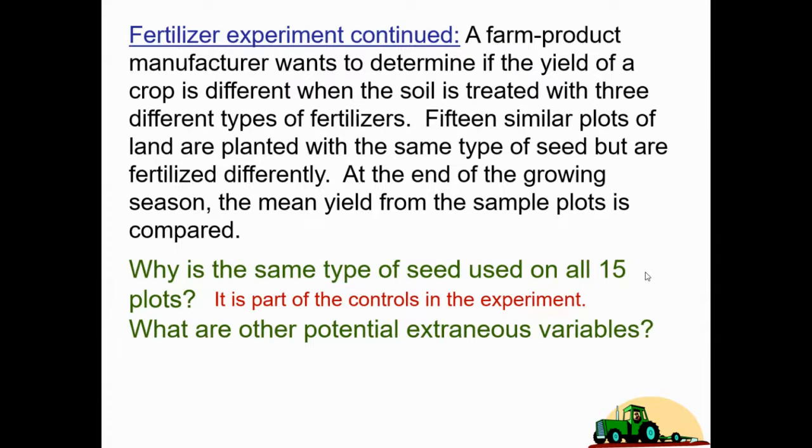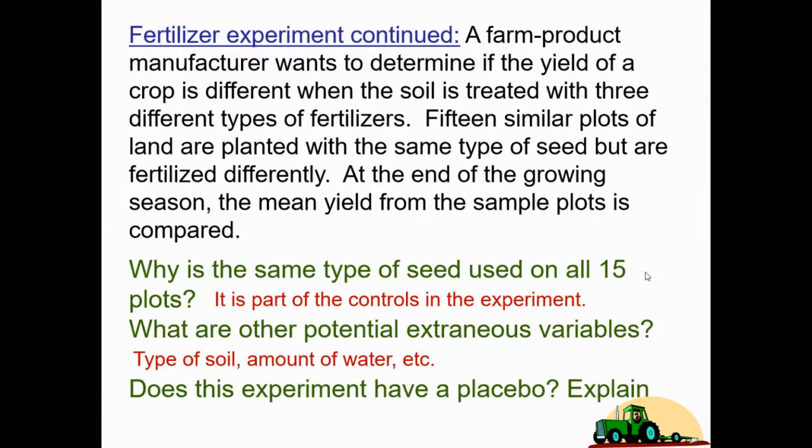The soil. Yep, that's a big one. Soil, water, sunlight. Last period said insects. You have insects in the ground. Yep, those are all types of variables that could be extraneous.